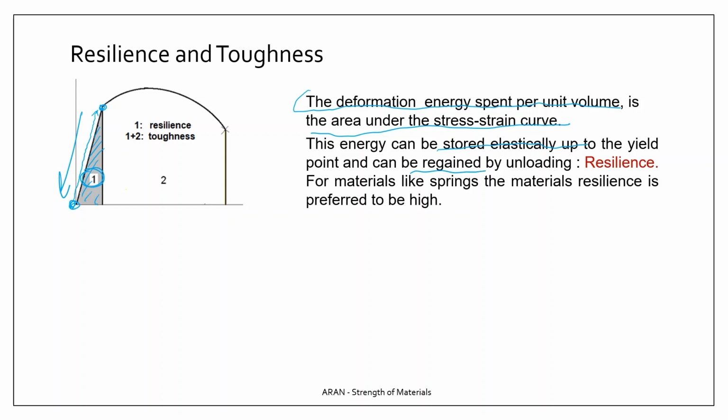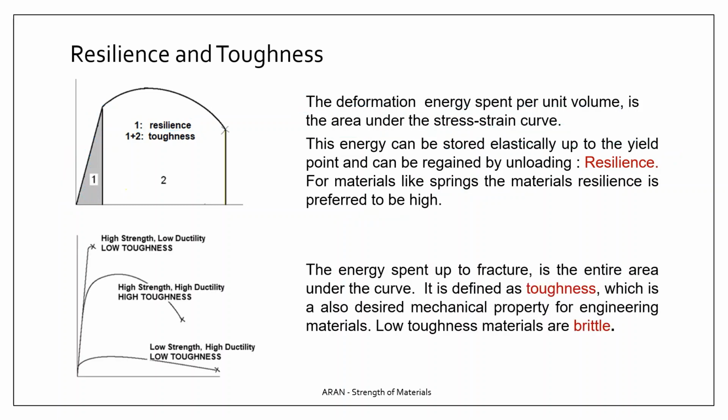For example, if you design springs, the energy which is stored elastically in a spring depends on the material's property resilience. The area 1 is called the resilience, and for springs it is a very important mechanical property. The energy spent up to the fracture, that's this area 1 plus 2, is called the toughness.